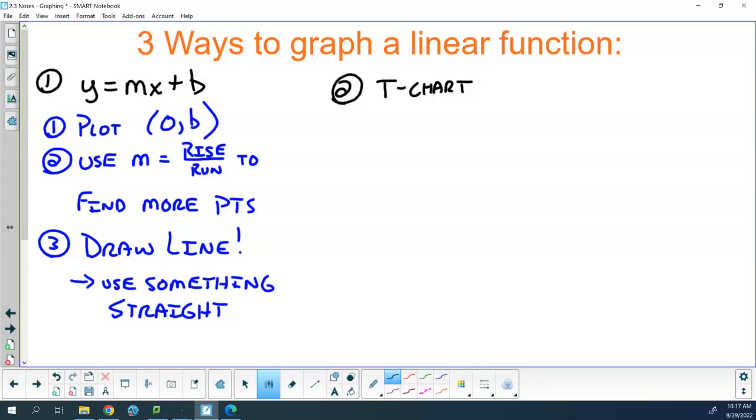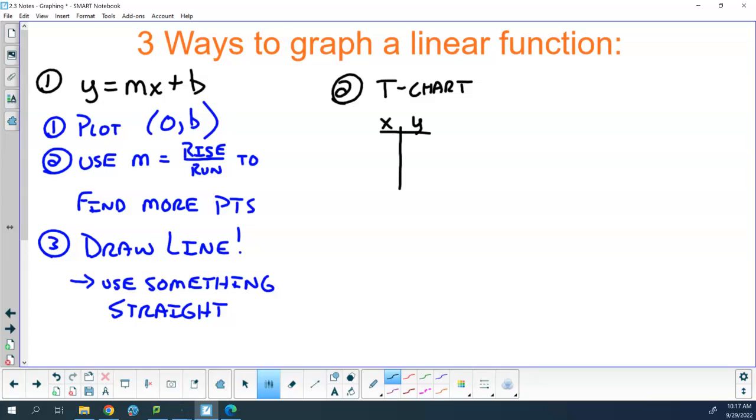Doesn't matter. But you would want to do at least like 2 or 3, preferably 3 or 4. And then that's going to give you points that are on the line. And then you connect them again using something straight. That's a way. That's a method.